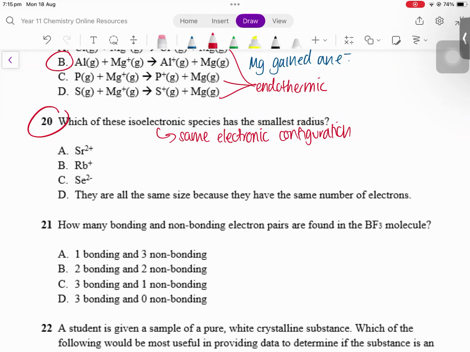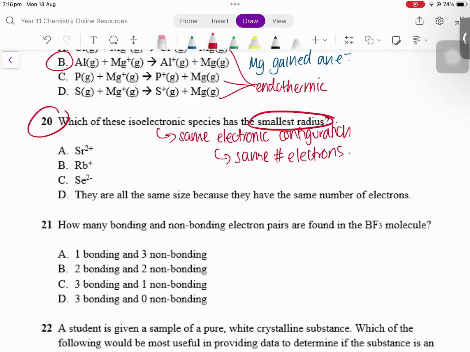So same electronic configuration also means same number of electrons. So if you do the SPDF notation, or the orbital diagrams, or the noble gas notation, you'll get the same exact answer for all of them. It also means that it has the same number of electrons.